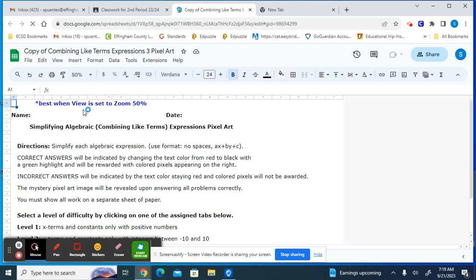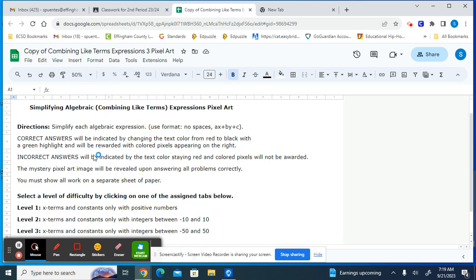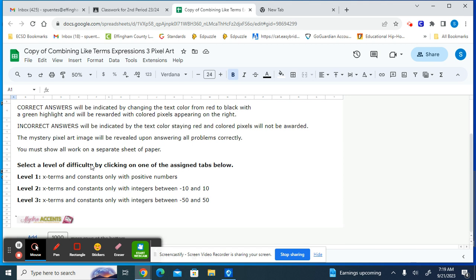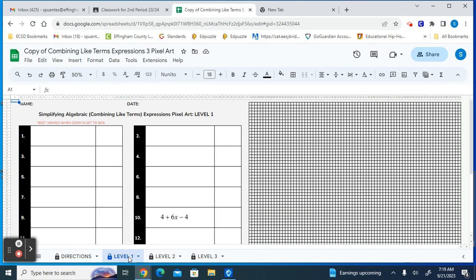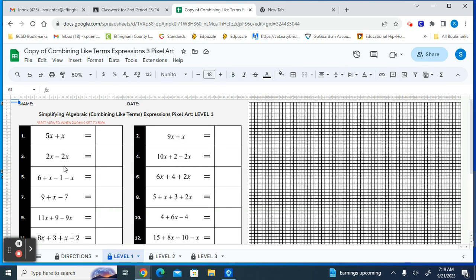It's recommended to go to 50%. All your directions are here. So if you do something correctly, you're going to start creating a picture.